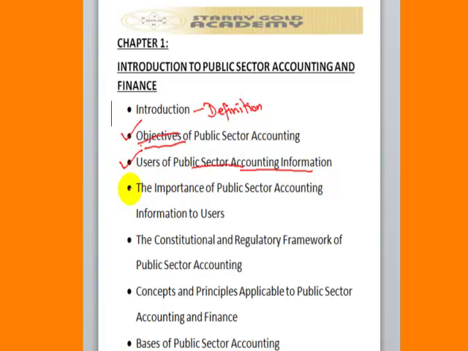And immediately after this, we are going to look at the importance and relevance of public sector accounting information to these users we have mentioned above.